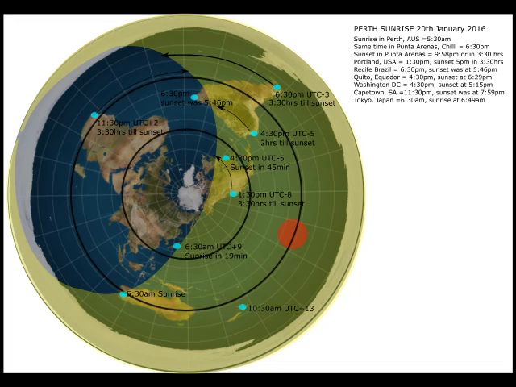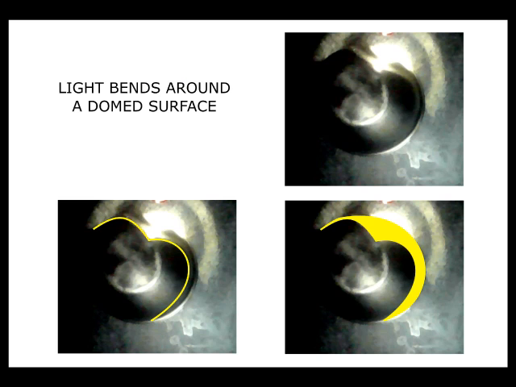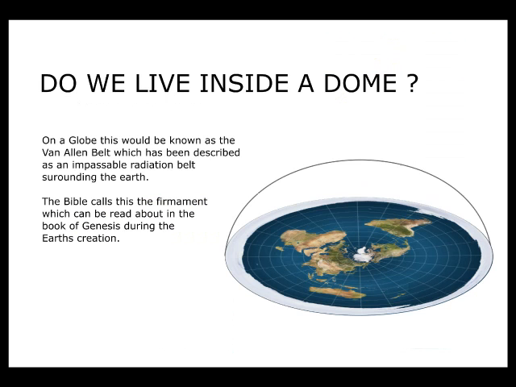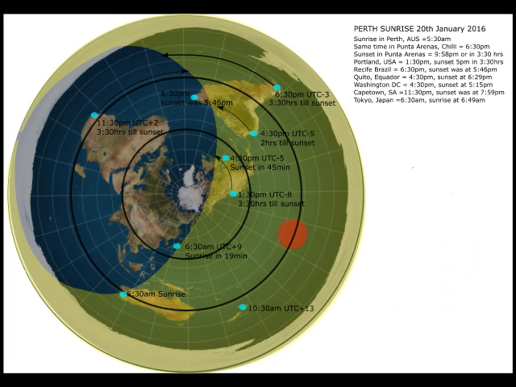As sun rises, sun sets, it is proportionally correct according to how each country sees the light each day. You can trust it. And we talked about how the light can actually bend around a dome surface, so that it is possible for the light to bend as we do see it on the Flat Earth map. If you want more of this, have a look at the last video I made. It will tell you all about it.